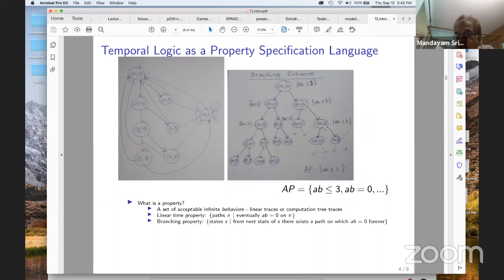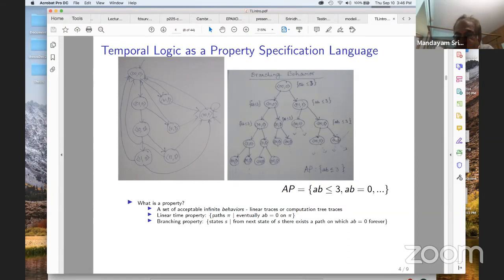If you look at this path on the right side, the rightmost thing, where the reset is set to 1 forever, the environment makes the reset 1.